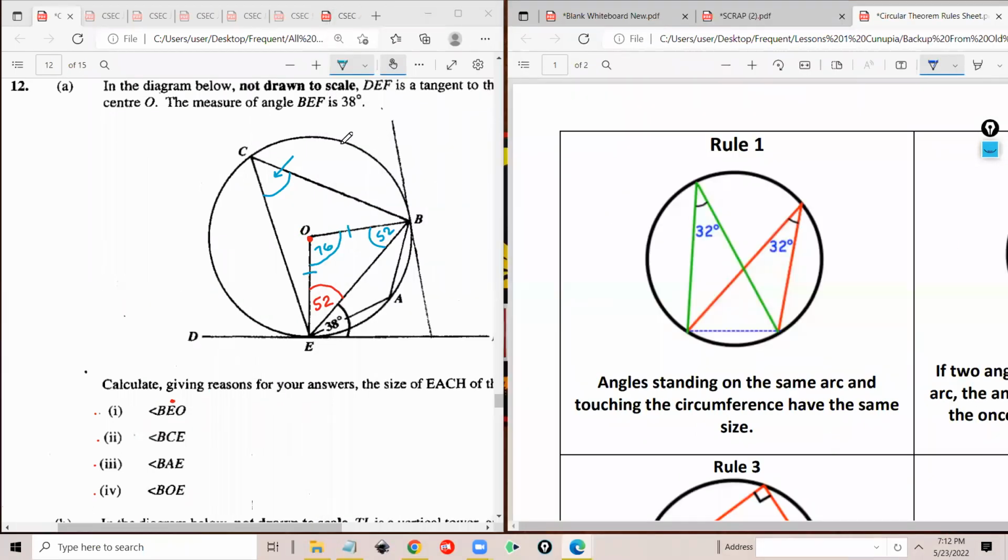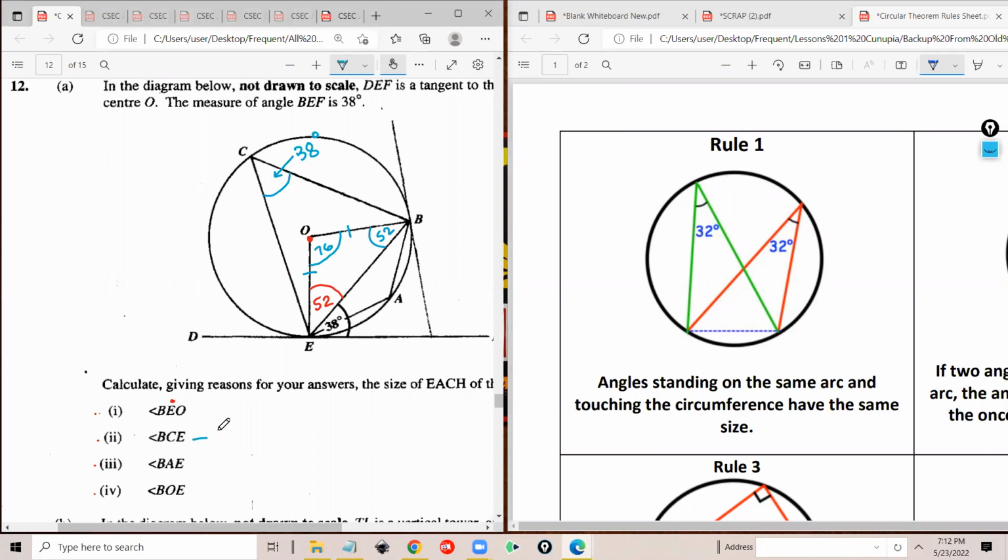So if we look, we have the same scenario over here. E hitting the center and bouncing back. But this one up here is hitting the circumference. It's half the size. So how much is half of 76? 38 degrees.